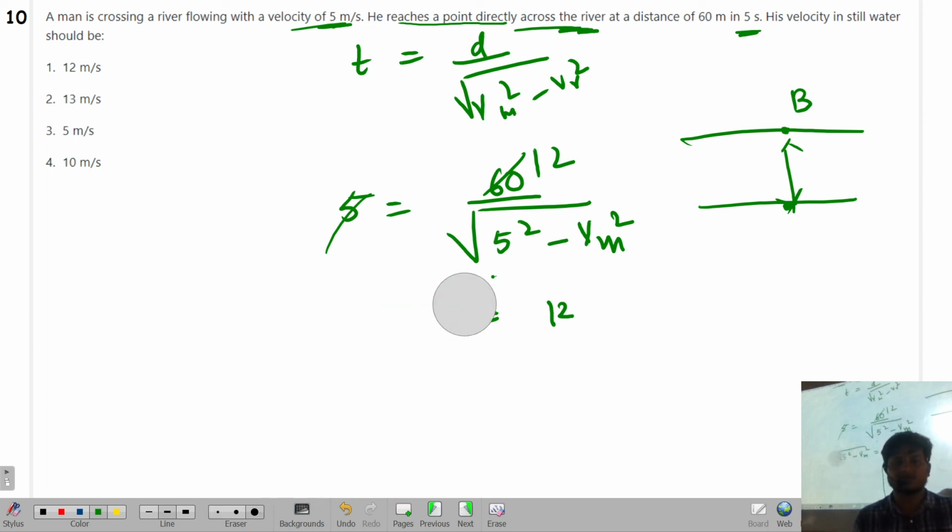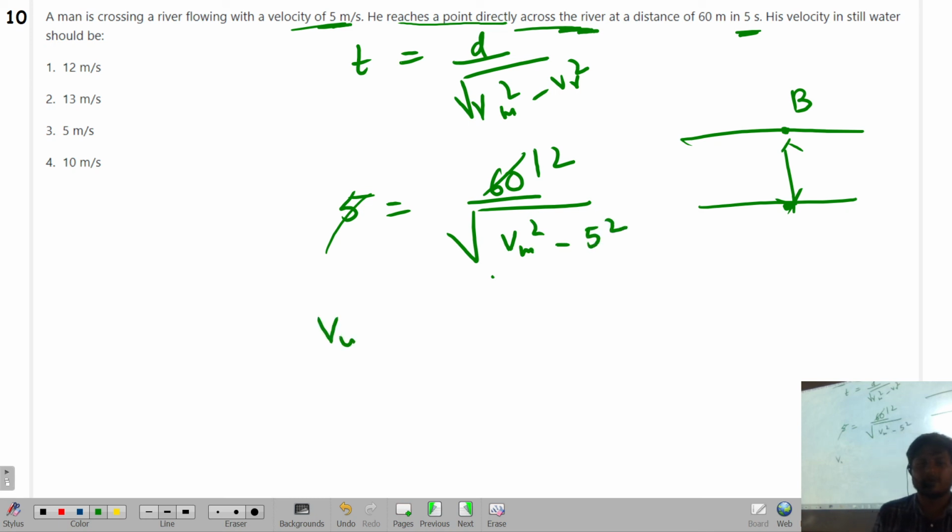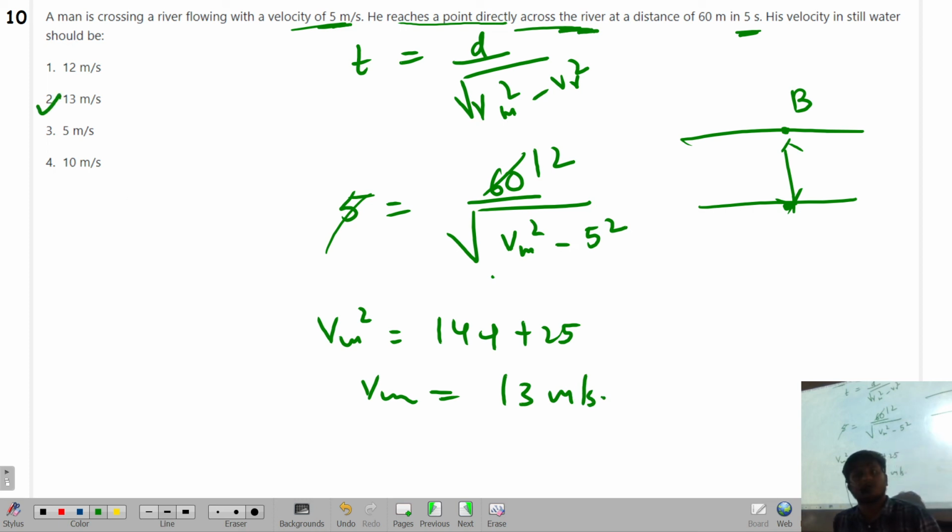Sorry guys, here the equation is wrong. So it is velocity of man square minus 5 square. Therefore velocity of man square is how much? 144 plus 25, and velocity of man is how much? 13 meter per second. How much is the answer? 13 meter per second. Got it or not? Yes or no? Okay.